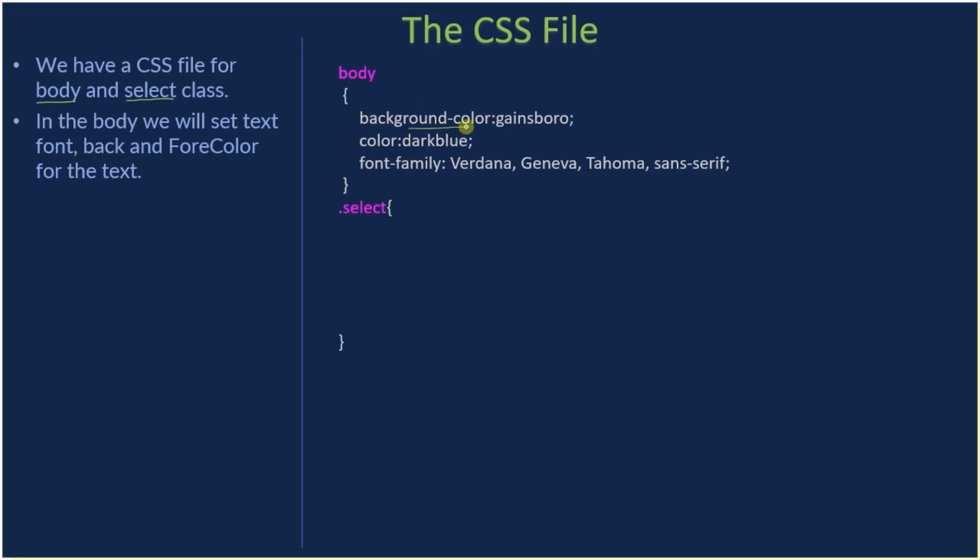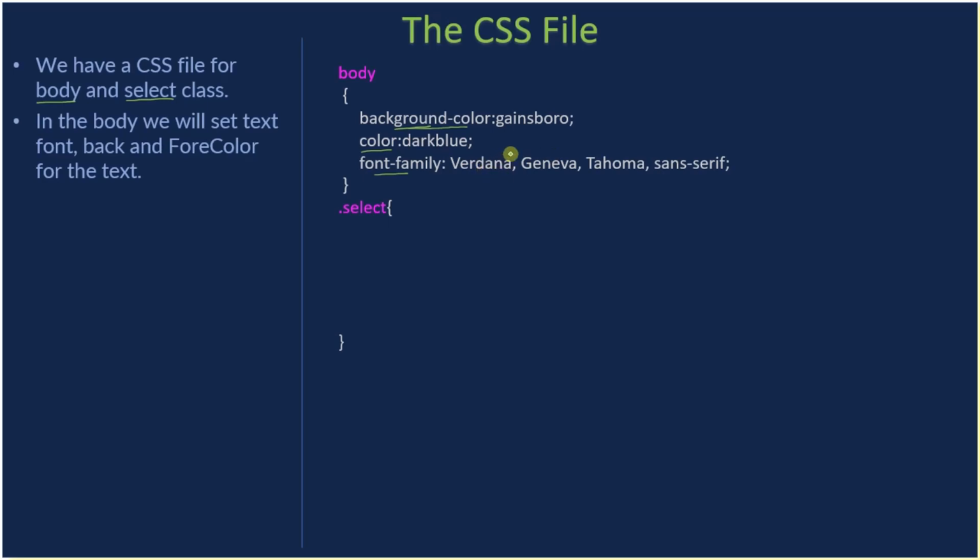Here we are setting the background color and we set some color here. This is for foreground color, and we set font family. In this family, we have 4 fonts in the target system. So definitely we'll be running the example in a browser, right? First it will check if Verdana font is there. If it is there, it will apply that font for all the text.